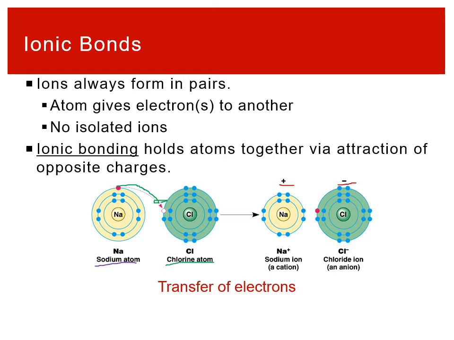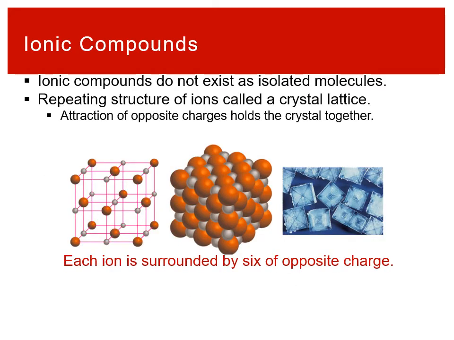We can see the electron here is now with the chlorine atom, making it an anion. This leads to the creation of ions, and the charge of those ions holds them close together. So even though electrons are moving between individual atoms, we're getting that transfer from one atom to become a cation, one atom to become an anion.